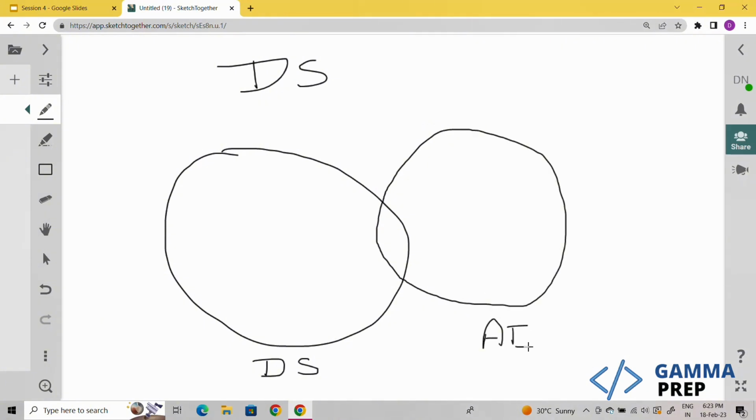Basically data science and artificial intelligence are a bit related, but data science is a broader concept and artificial intelligence means that we are making machines think like humans so that they can make decisions based on the data that we are providing them.